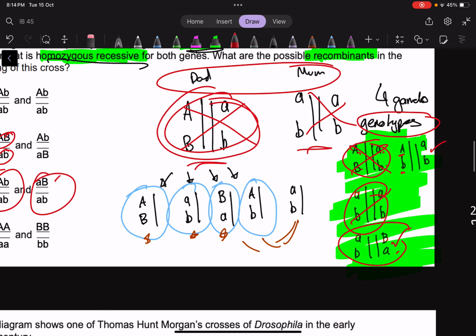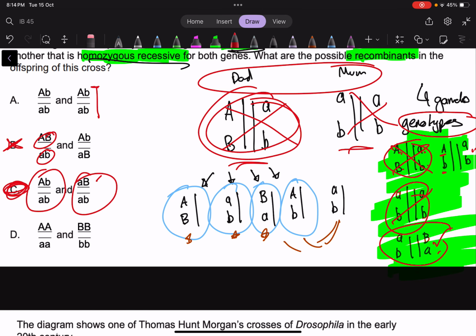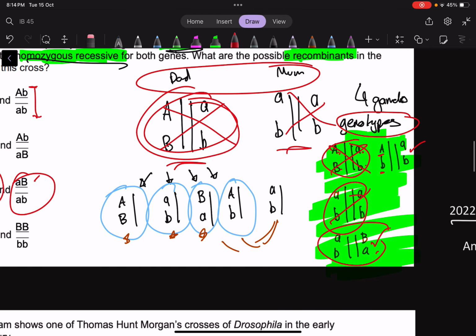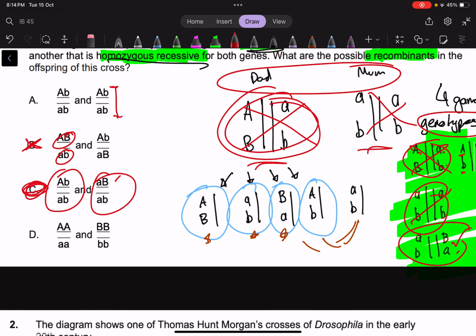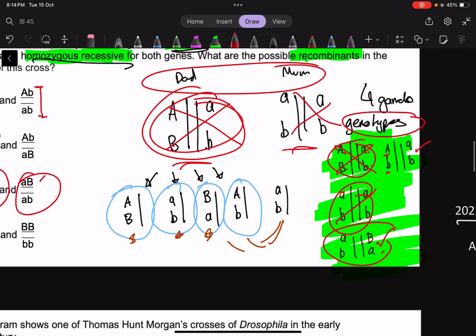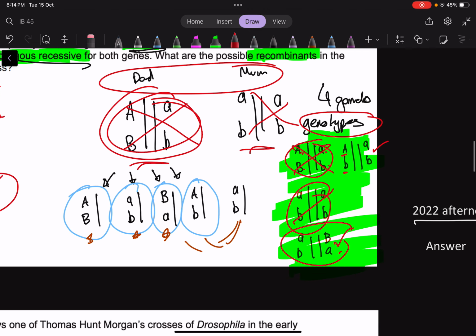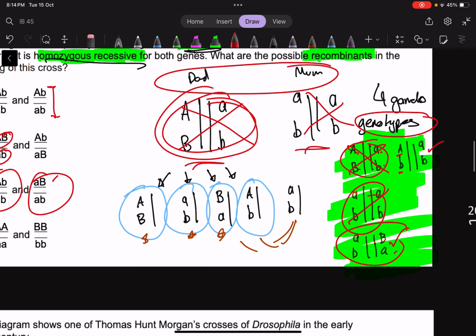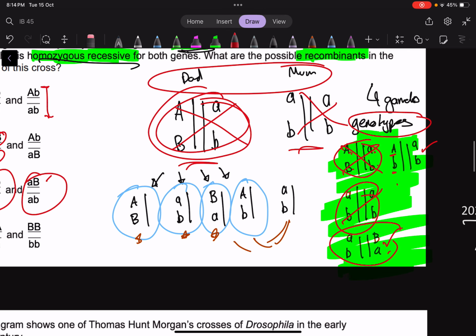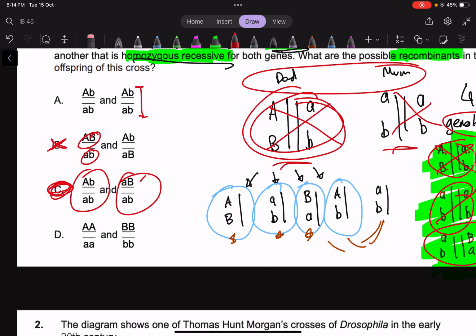Okay, those would be recombinants, because they're not matching the parents, right? But they're not possible kids, because I don't see a kid that has big A, little b, and little b, and little a, little b. Okay, I do see that kid, so he's right here, but not 2 of them.